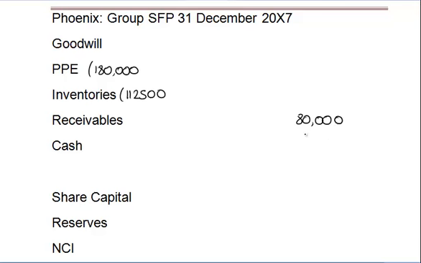Similarly with cash, there doesn't appear to be any adjustment, so therefore we can work out our total figure. Remember, you get marks in the exam for individual items that you get right. That might only be half a mark for each of these, but lots of half marks can make a big difference, can't they?